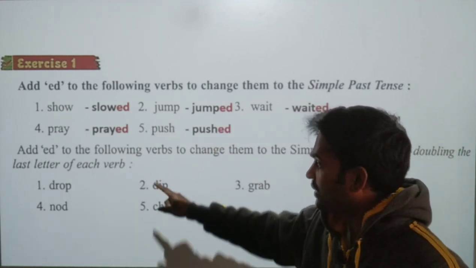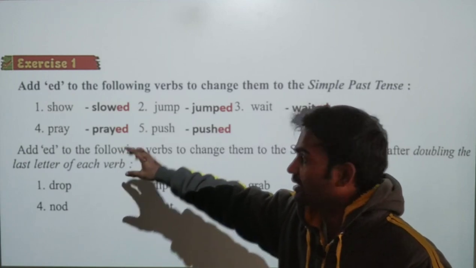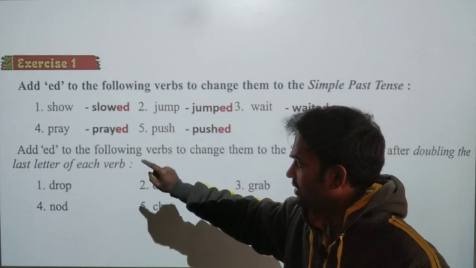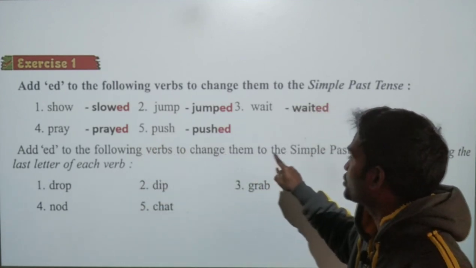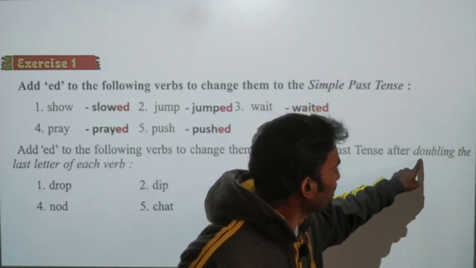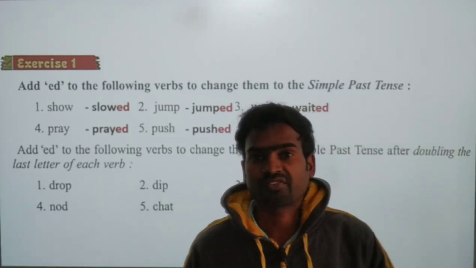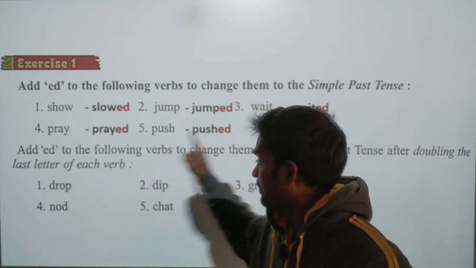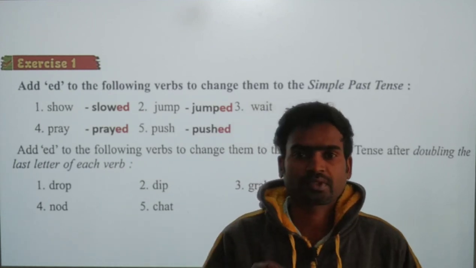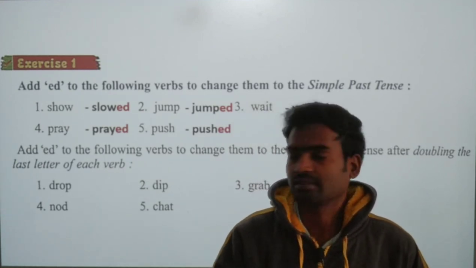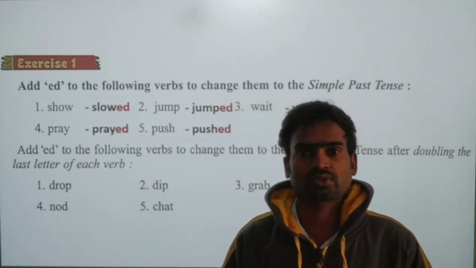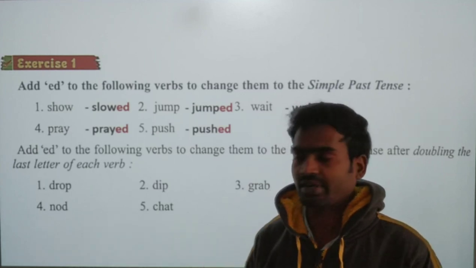Remember, dear children, here we are supposed to add ed as we have done here, but after doubling the last letter of each verb. Double means we are going to repeat it. Here it is given as a single letter, we are going to make it into a double letter. So that's what they say here, doubling the letter, right?